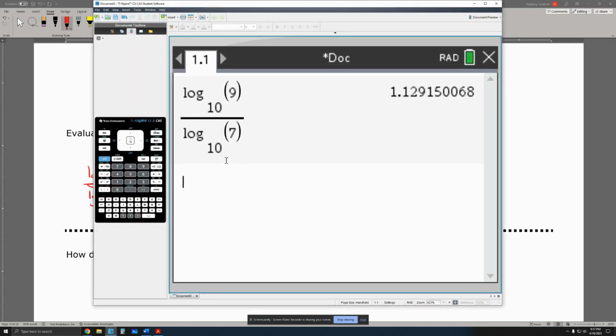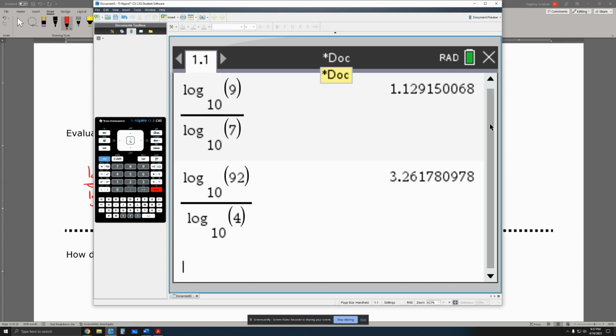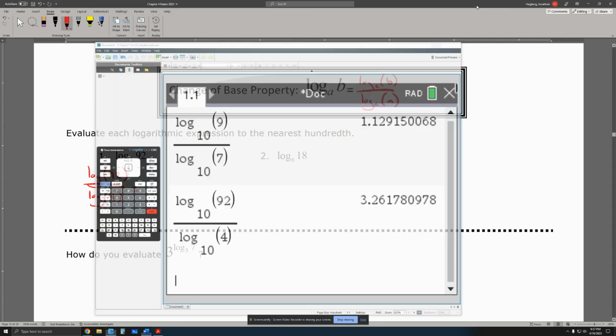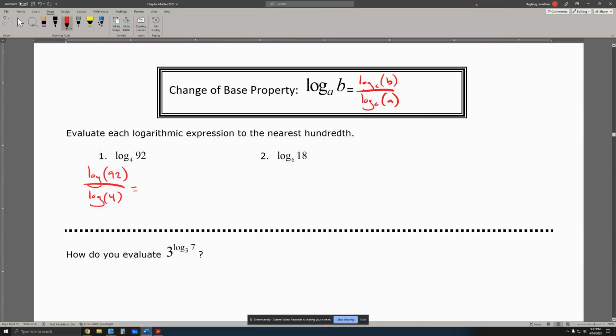And this is equal to, control divide or control enter, and we get 3.262.